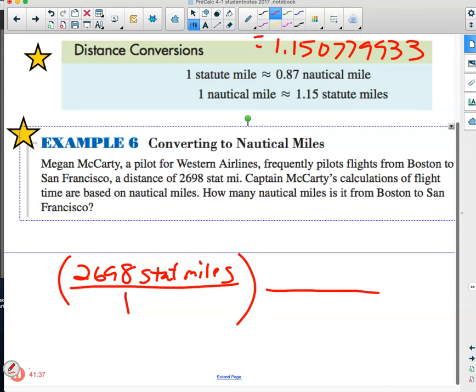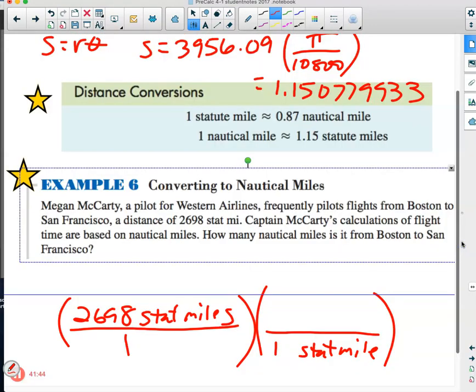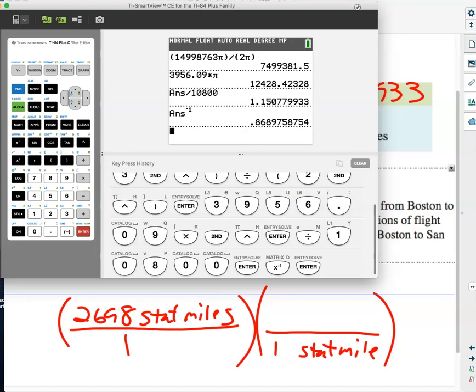So I want the stat miles to disappear. Which means I want the conversion for how many nautical miles there are. So if I want nautical miles per statute mile, I'm going to need my conversion, 0.8689758754. I have to grab my paper.